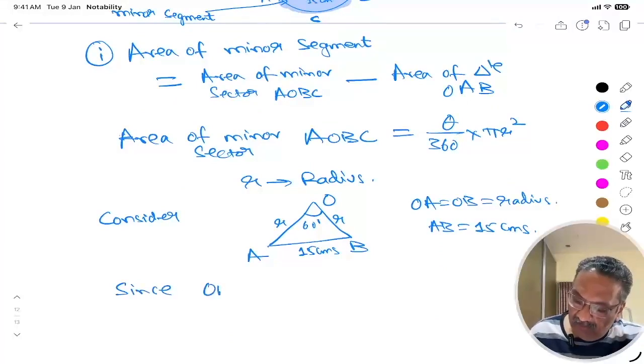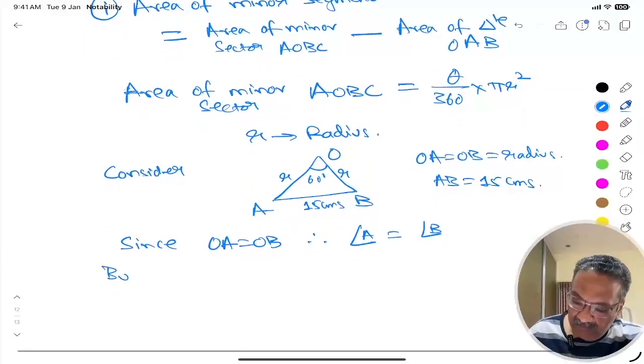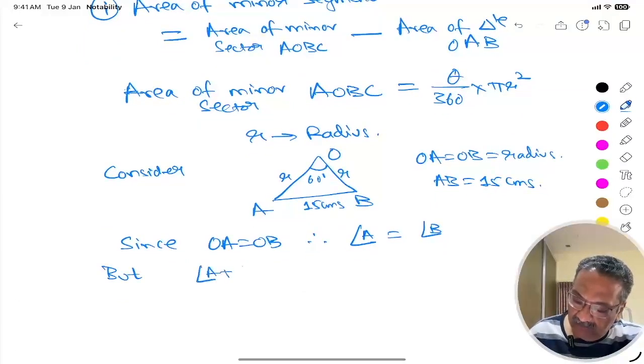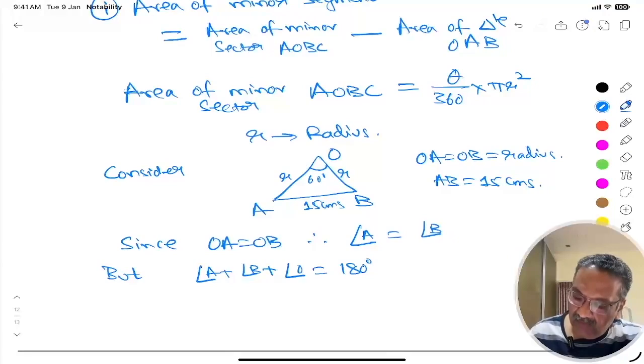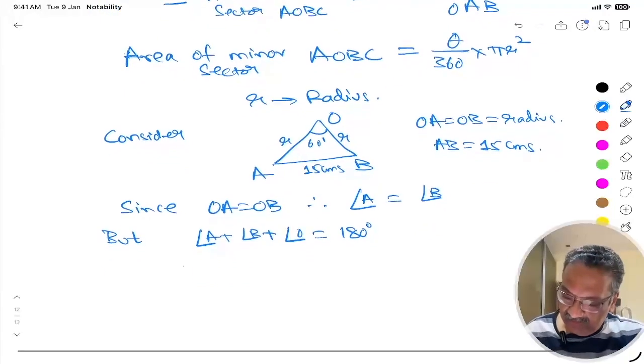Since OA is equal to OB, right? Therefore we have angle A is equal to angle B. But angle A plus angle B plus angle O is equal to 180 degrees in triangle OAB. In a triangle all three angles together will be 180 degrees.